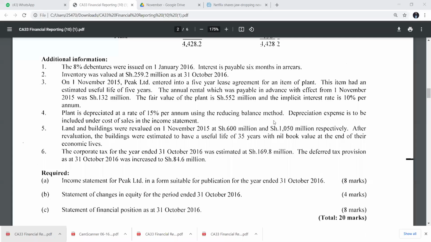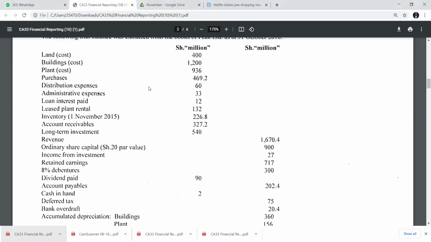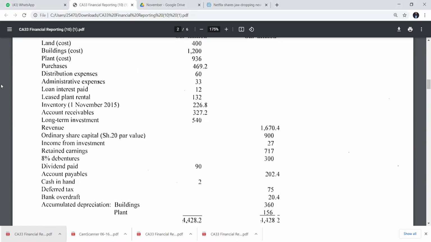This is all about the 8% debenture from the trial balance. So we have the 8% debenture, that is 300.